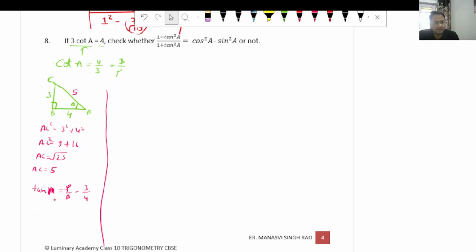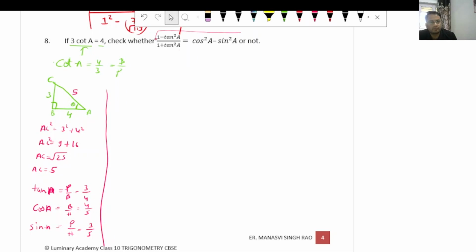So tan A is 3 by 4. And cos A will be base upon hypotenuse, so 4 upon 5 is cos A, and sin A will be 3 upon 5, right?